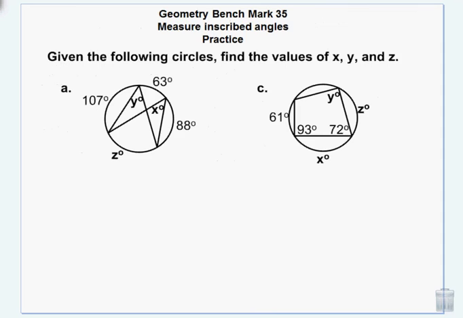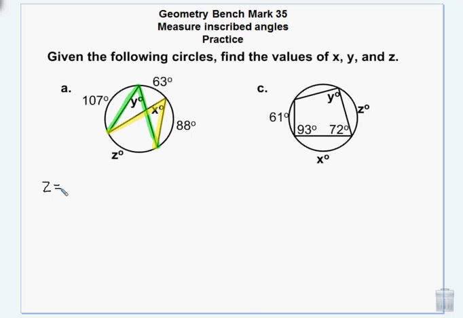Questions on that one? I know that because angle Y and angle X both share the arc for Z, as soon as I know Z, I'll know X and Y. So I have to find Z first.